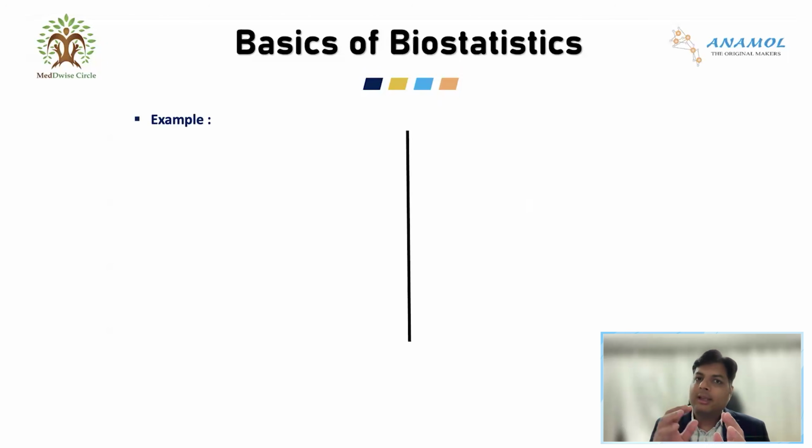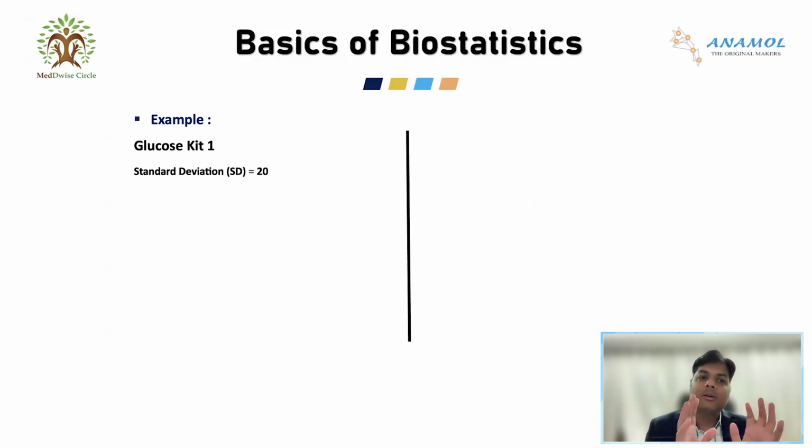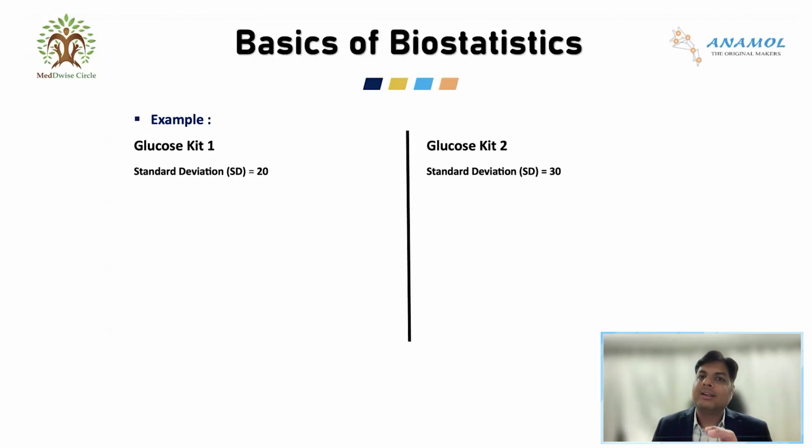Now let's say in a pathology lab, you want to test glucose. Now you have two different kits for testing glucose. One kit is manufactured by company A and one kit is manufactured by company B. Now, when you check, for the first kit the standard deviation is 20, and for the second kit the standard deviation is 30.